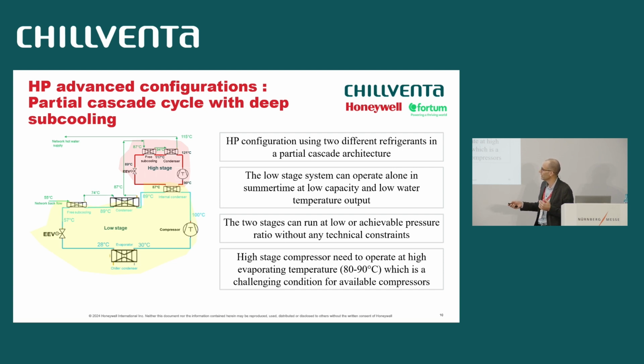As you can see, we have a different heat exchanger where we can make subcooling of the working fluid and heat the flow coming back from the district heating progressively from 55 to 115 degrees C. The challenge is around this high stage, where we need compressors that can run at quite high evaporating temperature.